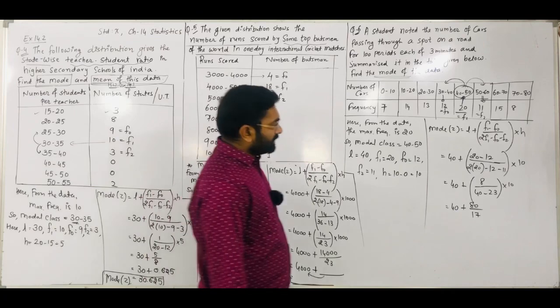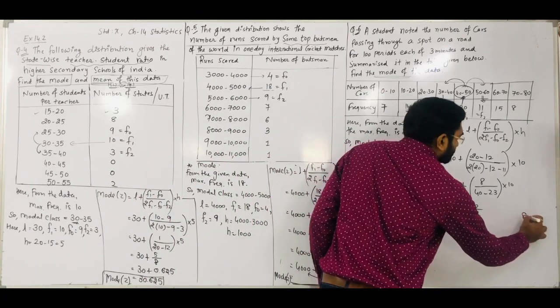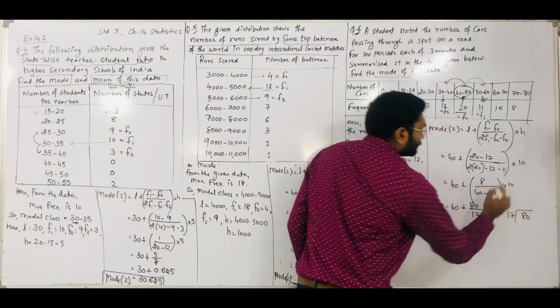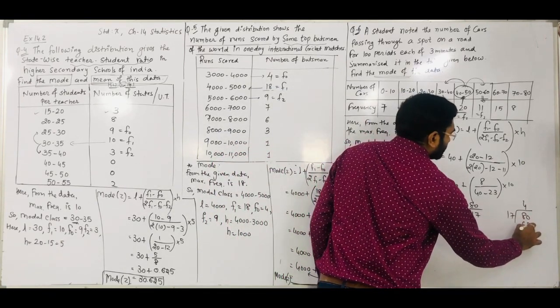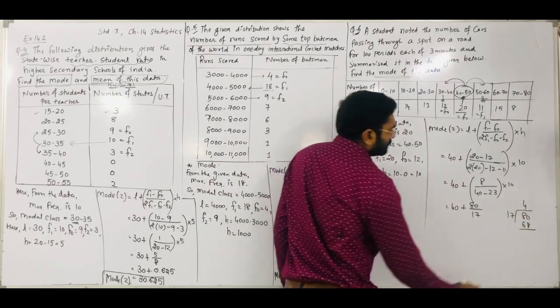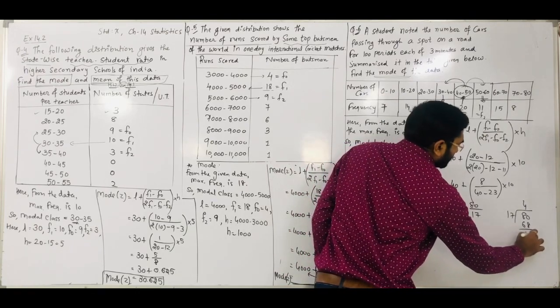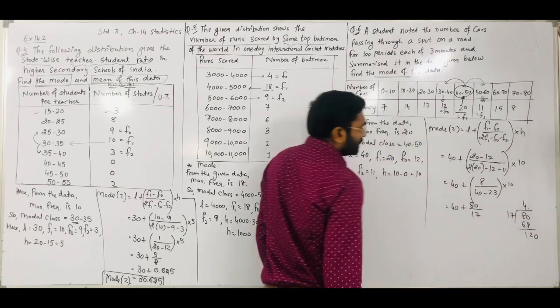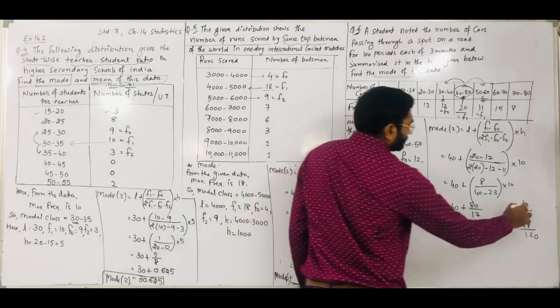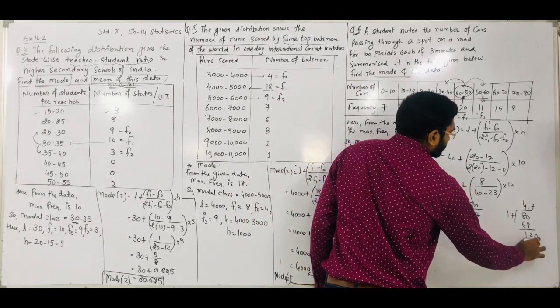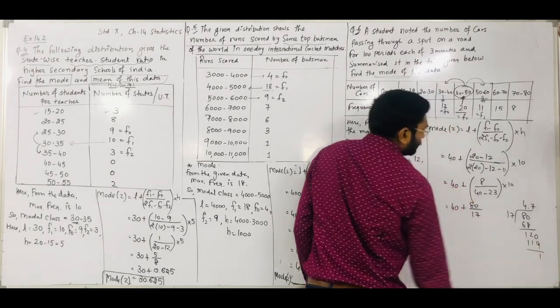Right? So we have to divide 80 by 17. 4 times 17 is 68, so we get 120. Here we put the point. 7 times 17 is 119, so we get 1 remaining.